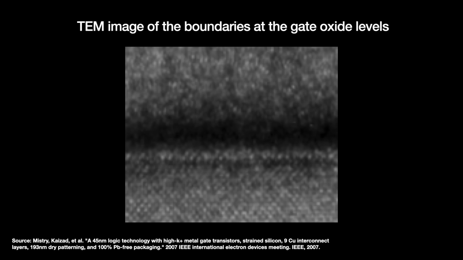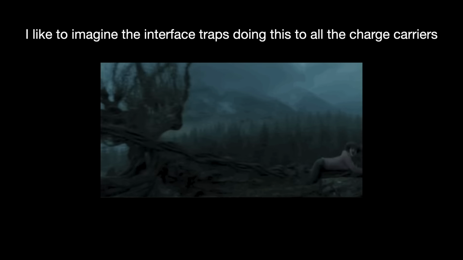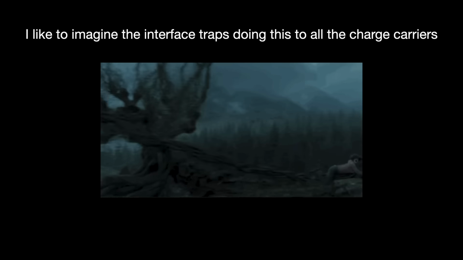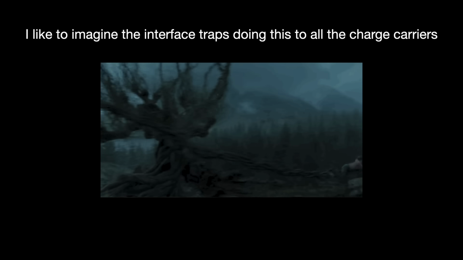We want them to go fast and avoid what are called interface traps. Interface traps refer to defects like lattice mismatches or impurities or contamination, or dangling silicon bonds, meaning unpaired electrons that can snatch traveling electrons or electron holes. These all can impede charge carrier progress.